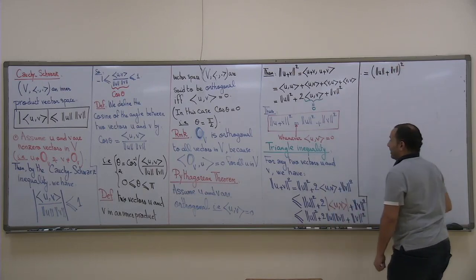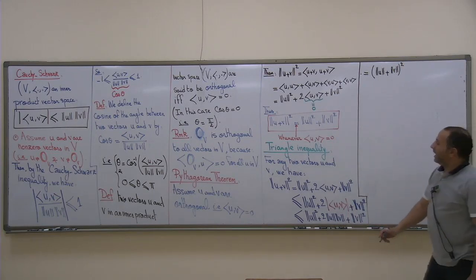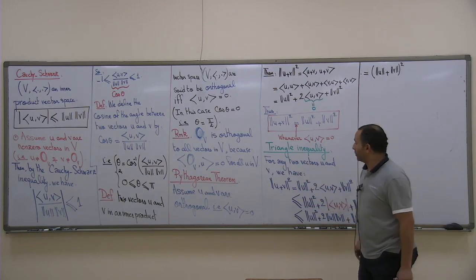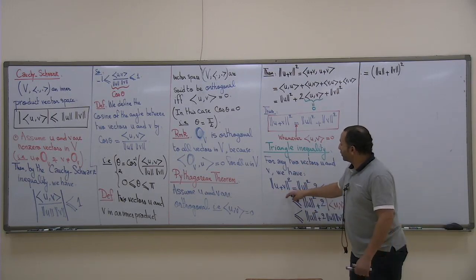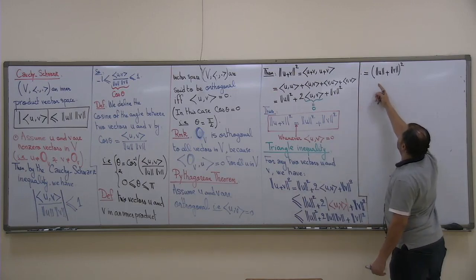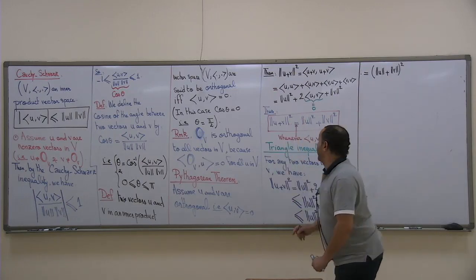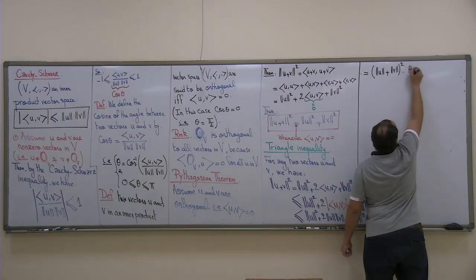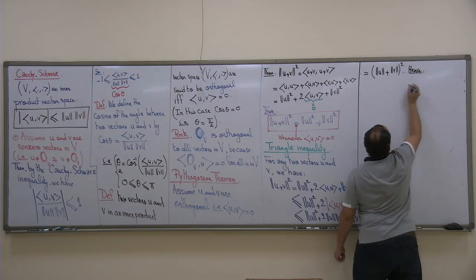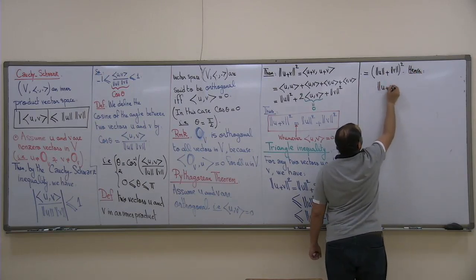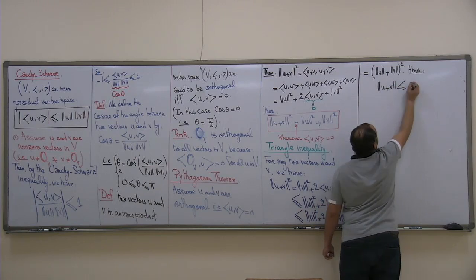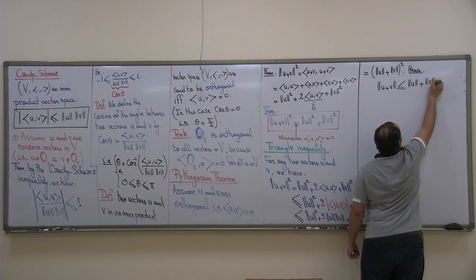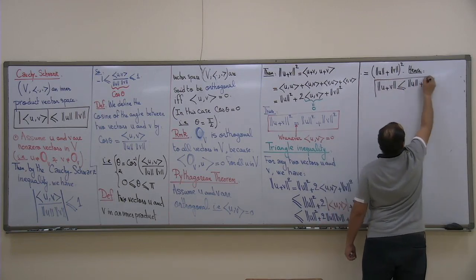So what did I prove here? I proved that for any two vectors in an inner product vector space, the norm of u plus v squared is less or equal to the sum of the norms all squared. Taking the square root on both sides, we obtain that the norm of u plus v is always less or equal to the norm of u plus the norm of v. This is the so-called triangle inequality.